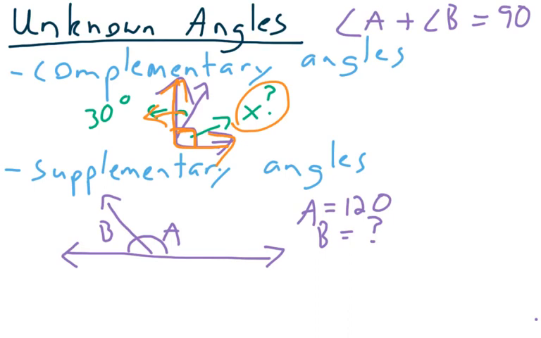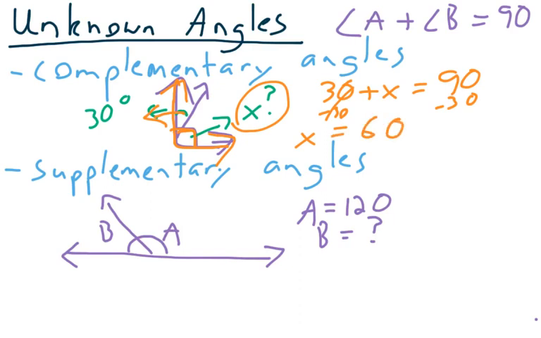I'm just going to write it out like an algebra problem. 30 plus x gives me 90, and I need to solve for x. I need to get x by itself, so I'm going to subtract 30 on both sides. So x is 60. My missing angle is 60 degrees.